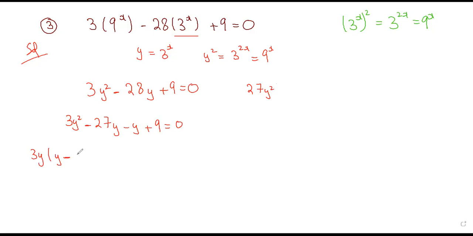It would give me y minus 9. Then I can take minus 1 common and it would give me y minus 9 equals 0. So the factors would be 3y minus 1 equals 0 and y minus 9 equals 0. So this would give me y equals 1 by 3 and this would give me y equals 9.